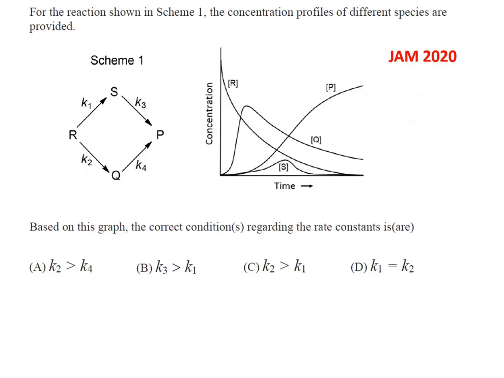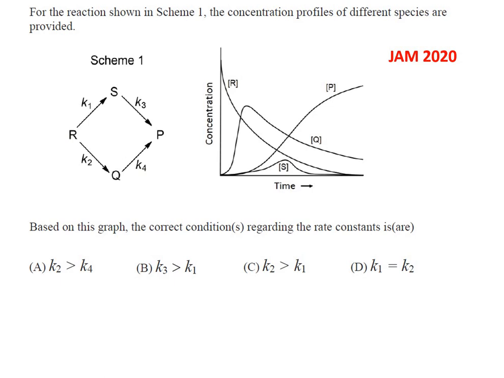Well, this is a bit tricky question. For the reaction shown in scheme 1, the concentration profiles of different species are defined. Okay, so here from R it goes to different paths S and Q, and then S and Q give P finally.